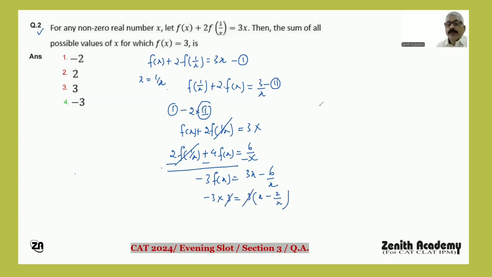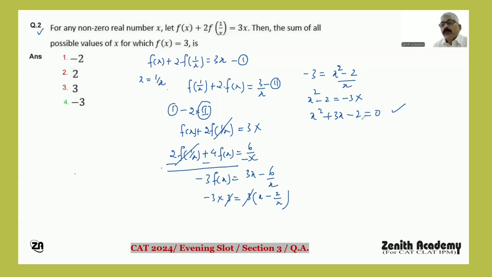So finally you have minus 3 is equal to x square minus 2 by x, which is actually x square minus 2 is equal to minus 3x. So x square plus 3x minus 2 is equal to 0. This is your quadratic equation.